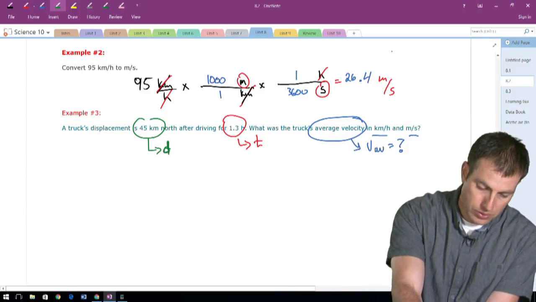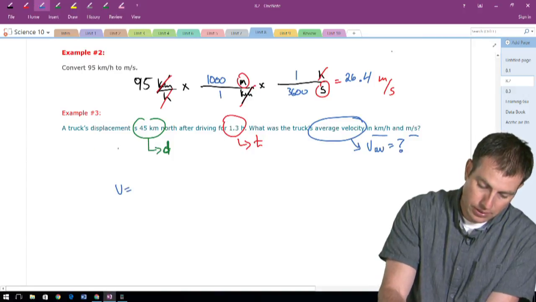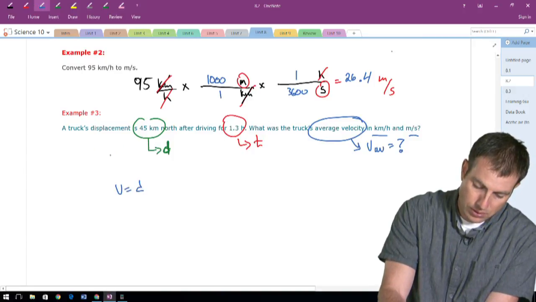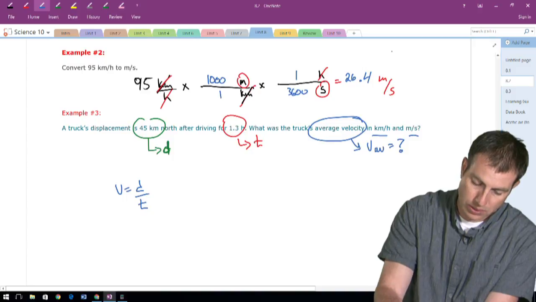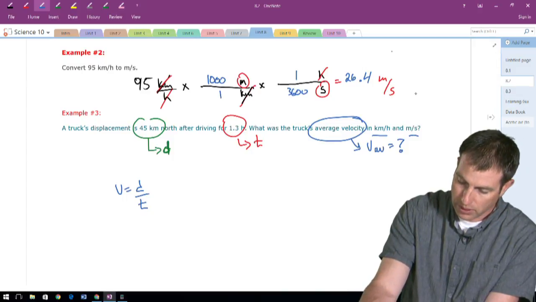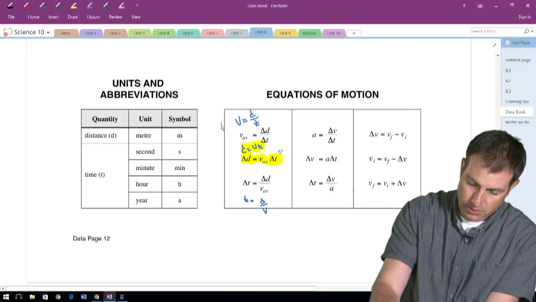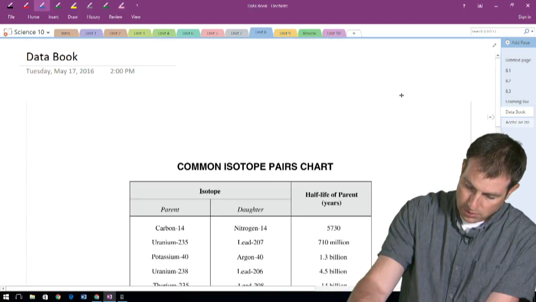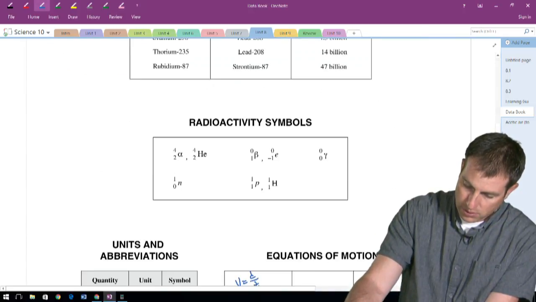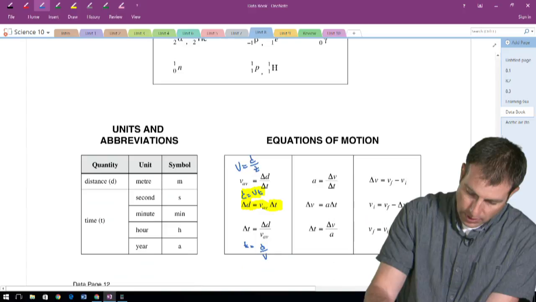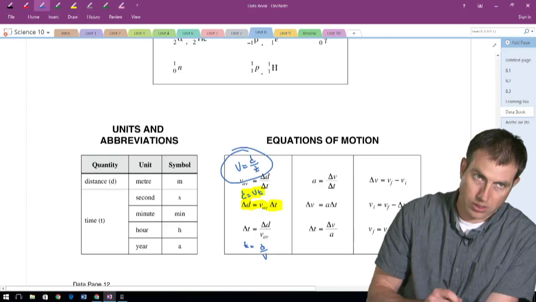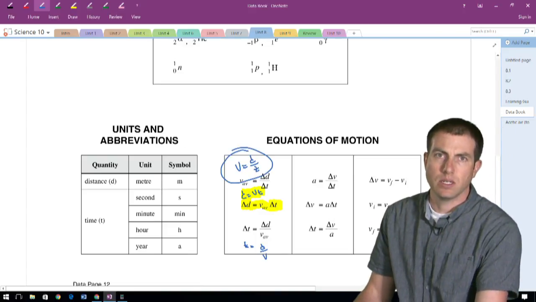So I need an equation that has V equal to d over t. If I jump over to my data book, I see the very first equation I have there is V equals d over t.